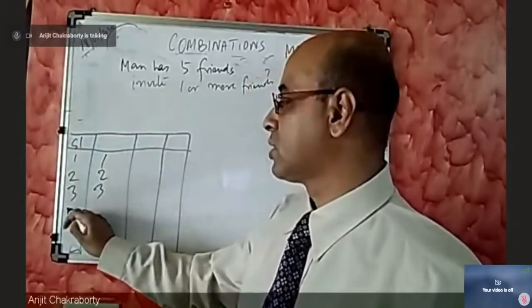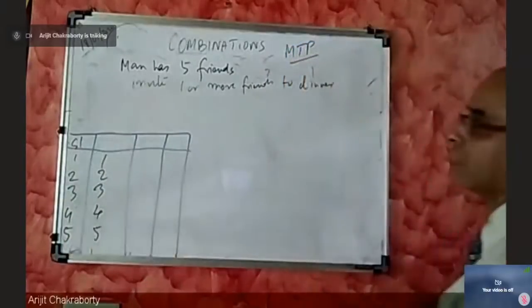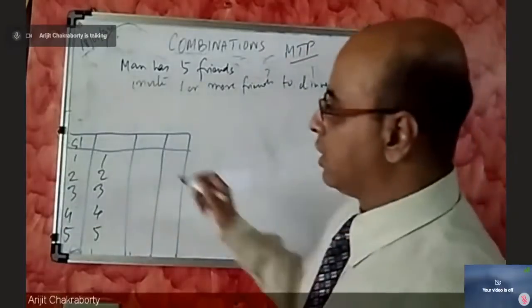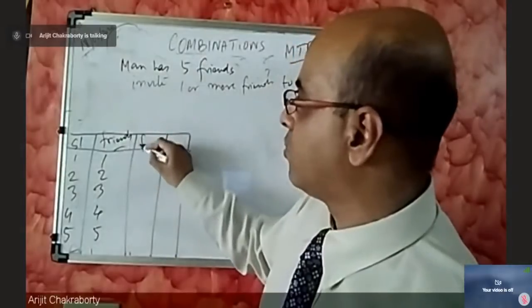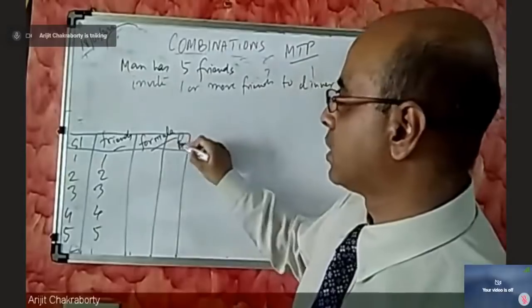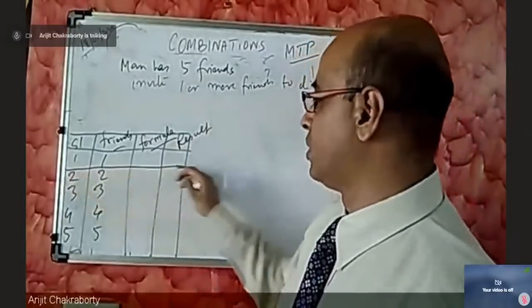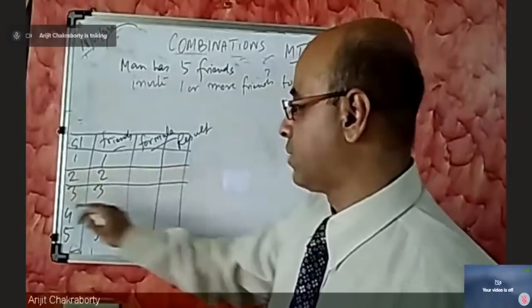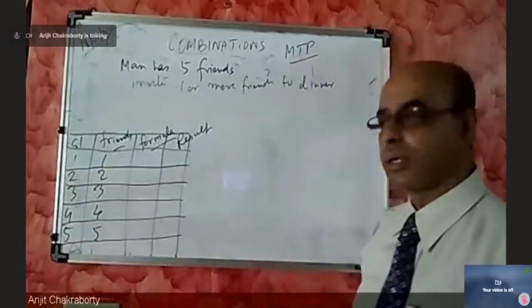Situation 3 is 3 friends. Situation 4, 4 friends. Situation 5 can be 5 friends. So this is the number of friends you are inviting, and this is the formula to be used. And this is the result. So for 1 friend we will write, for 2 friends we will write, for 3 friends we will write, 4 friends will compute, and 5 friends will also compute.